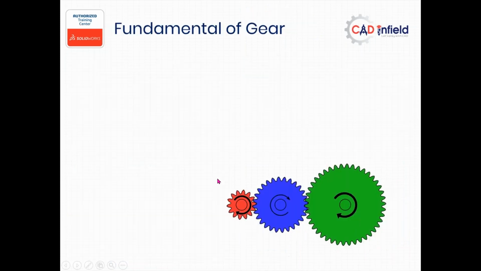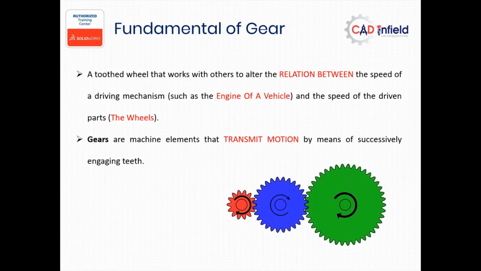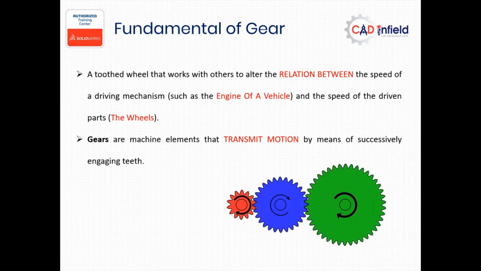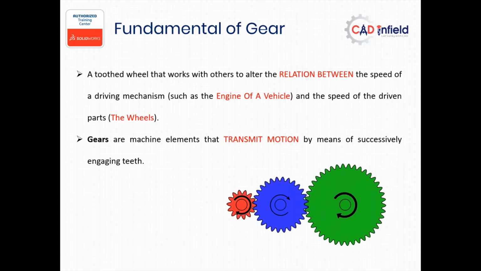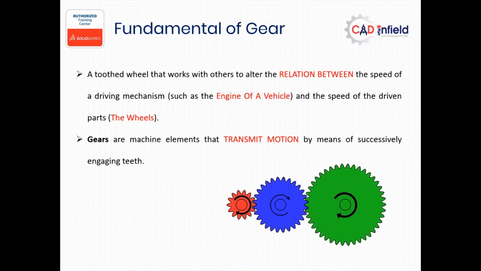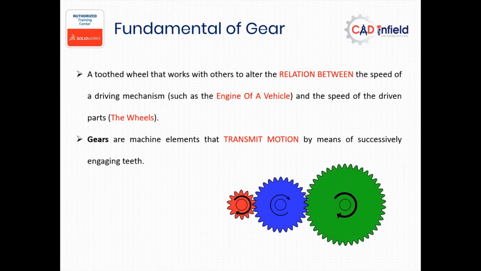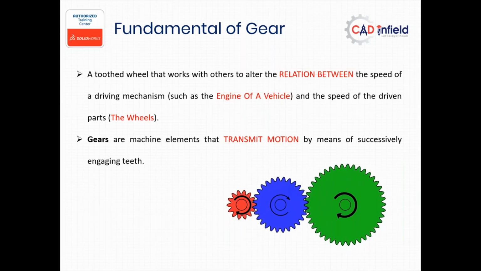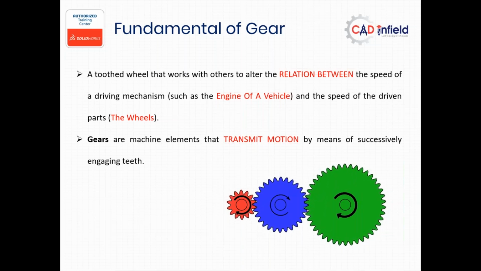Let's move to our next slide. So I have told you now about gear fundamentally. Gear is basically a wheel, a tooth wheel which transfers the torque with a certain speed variation from one shaft, the input shaft, the driving shaft (all the names are the same), to the other shaft, which is the driven shaft.